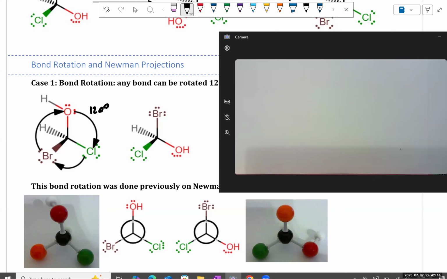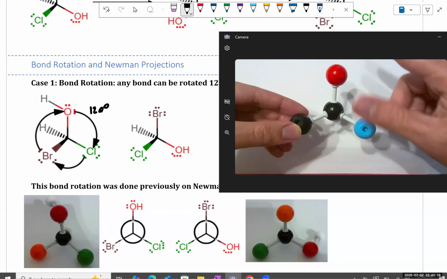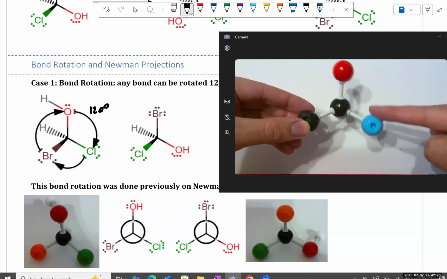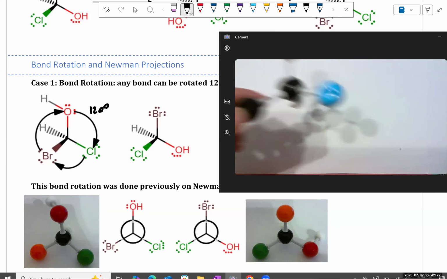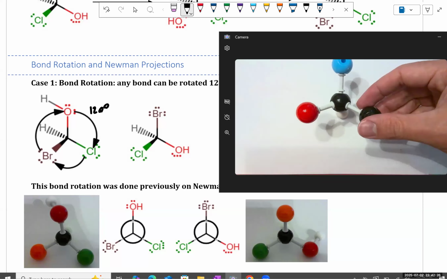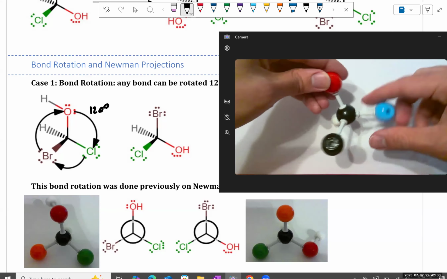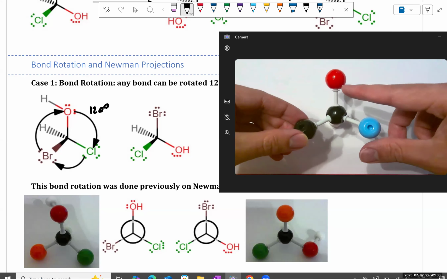So here's our original structure. We rotated 120 degrees. Now the alcohol's up top, the amine's on the right, the methyl's on the left. Again, just to showcase, here's the original molecule. Rotation 120 degrees gives us the following view.